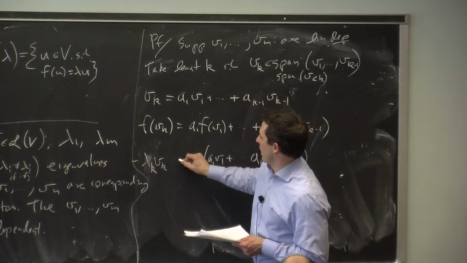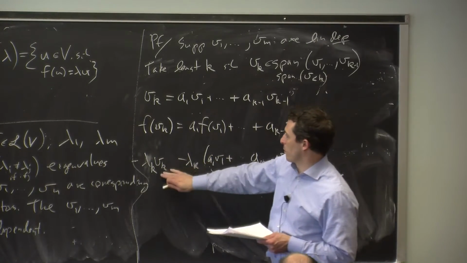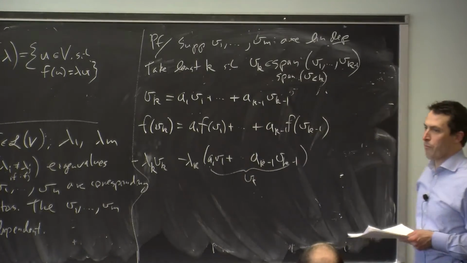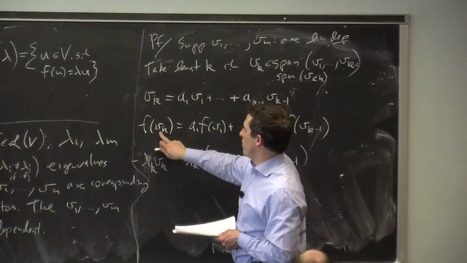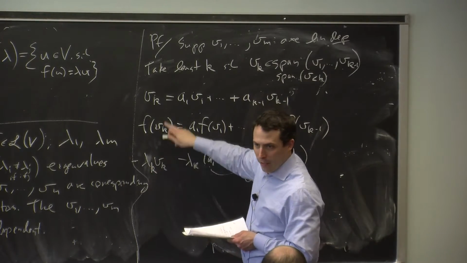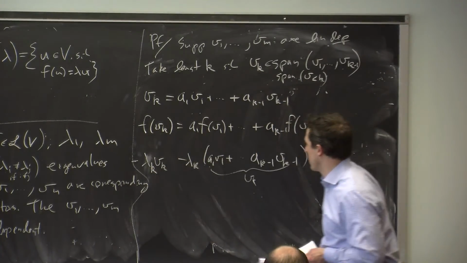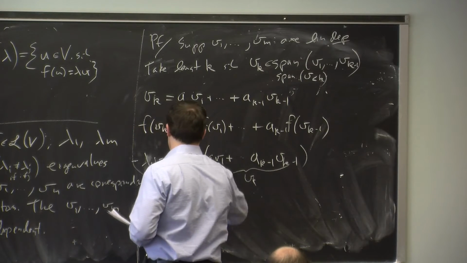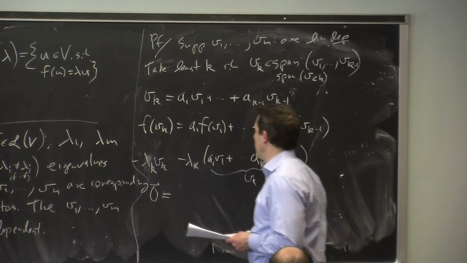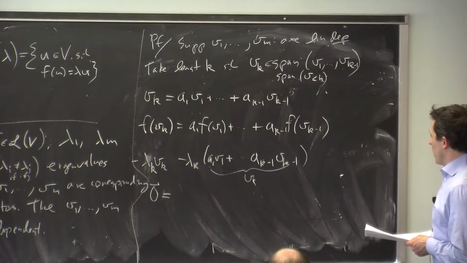I can subtract this from both sides, but f of vk is equal to lambda k vk. So this is a way of getting 0 on one of the sides. I'm trying to get a 0 so I can talk about linear dependence and independence. Okay, so now 0 is equal to whatever I get on this side.